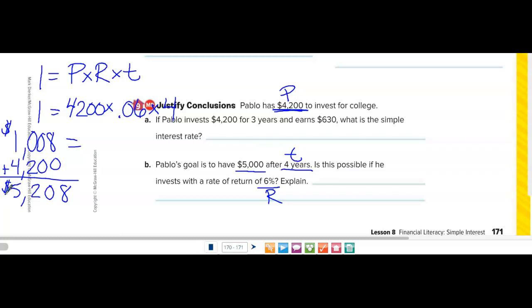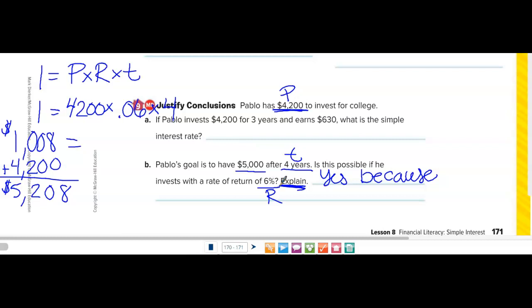Great. What does my question ask? So now we're going to need that $5,000. Do I have enough? Yes. So my answer is actually yes, because it says to explain, so you need to write it out. If I can write it out, you can write it out. Yes, because. Why is it a yes answer, Brock?